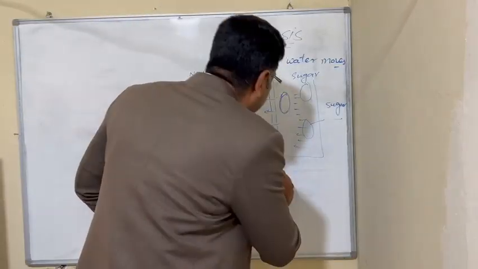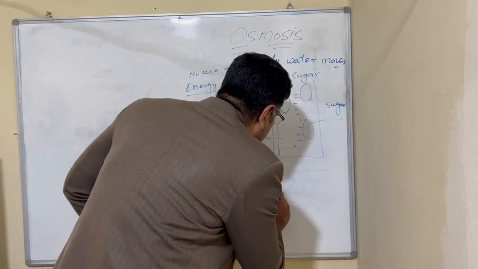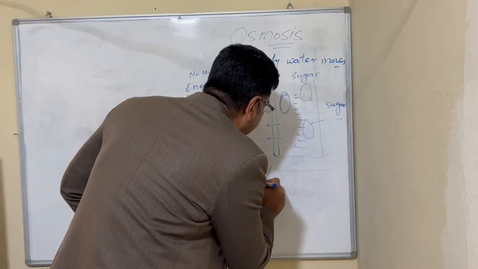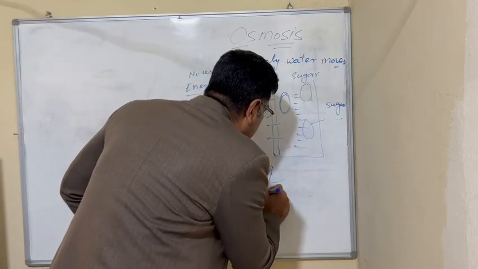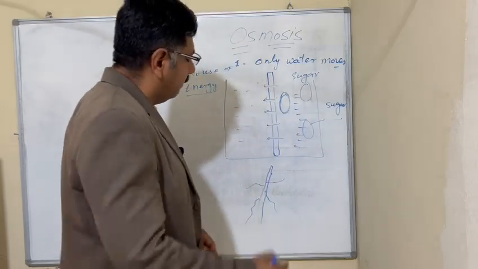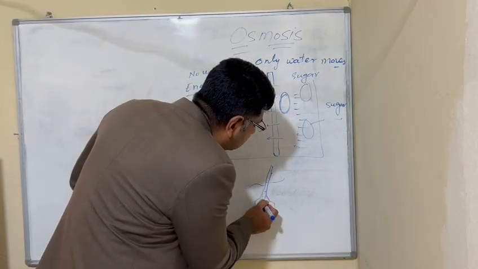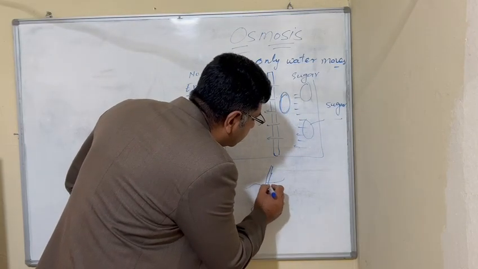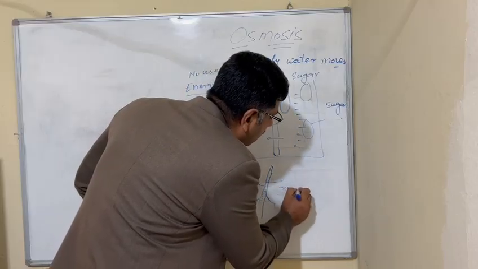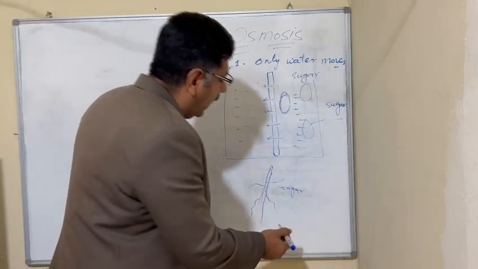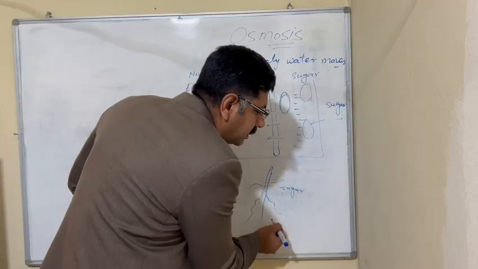For example, if we talk about the root hairs, in the cell sap there is sugar, and outside there are water molecules.